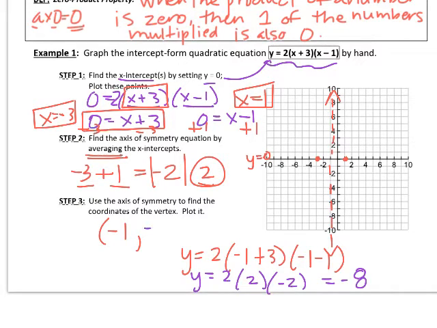And so therefore my vertex is negative 1, negative 8. So I can just plot that right here. And I could add a couple of other points, but I'm just going to go ahead and plot these two points. So we really only need 3 points to graph a quadratic, correct? All right, let's go to the back side of our paper.